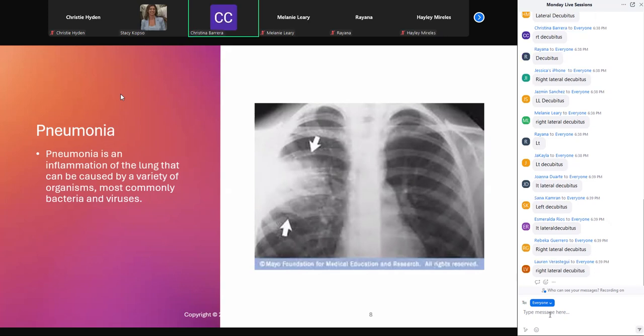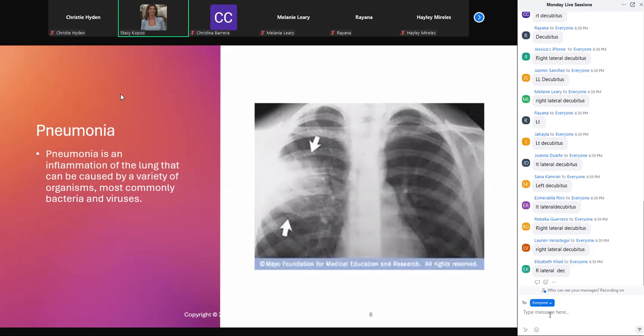Fluid down, air up. Exactly. So with chest decubitus, fluid side down, air side up. Pneumonia is fluid, that's that white. So it's fluid side down. So if the patient has right pneumonia, then it's right side down.